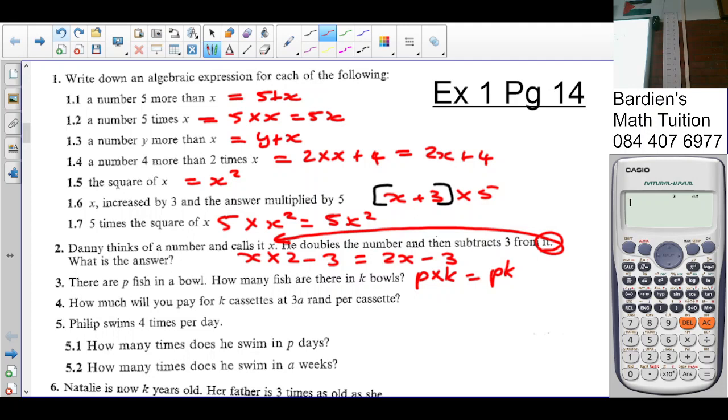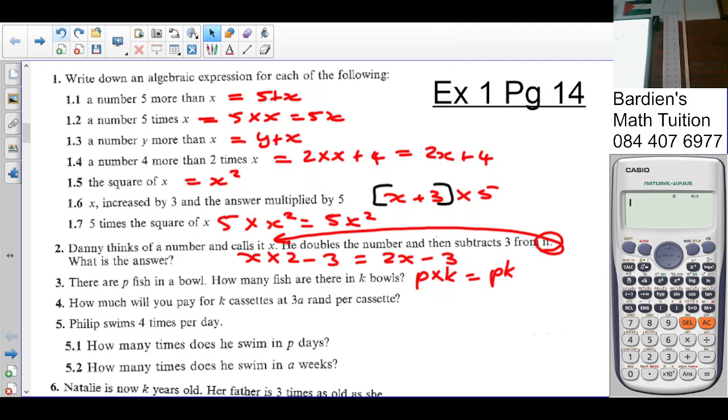Yeah. But it makes sense, because I just read K. Because I pictured them saying, there are 3 fish in a bowl. How many fish are there in K bowls? That's how I pictured it. Separate was division, like we divided, and there's 3 bowls.